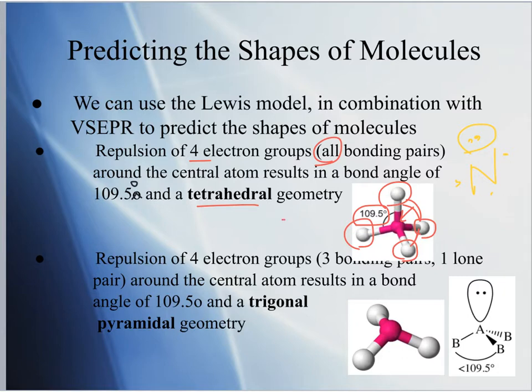If we did the Lewis dot structure, let's just pretend that this is CH4. We would have C in the middle, and then we'd have the 4 H's all around. On paper, tetrahedral kind of looks like a cross. In 3D, it looks like this funny looking shape right there.